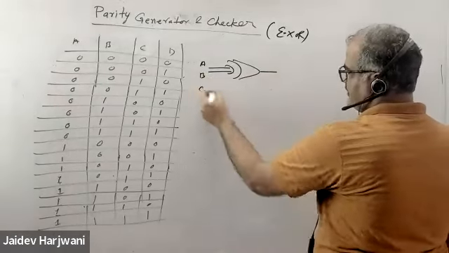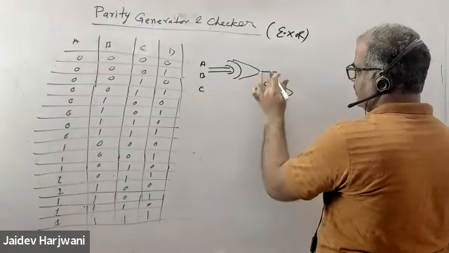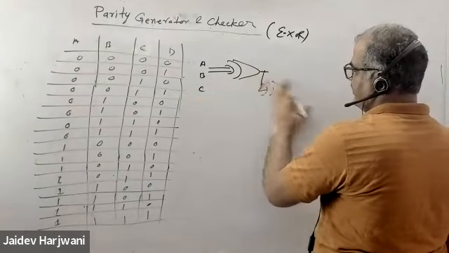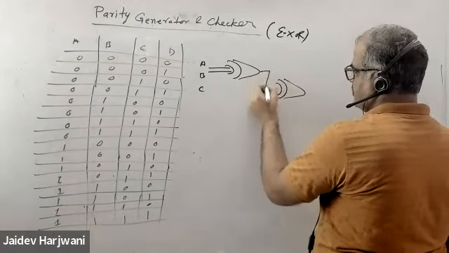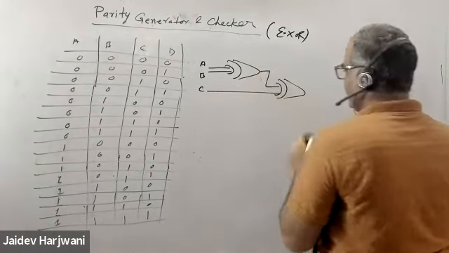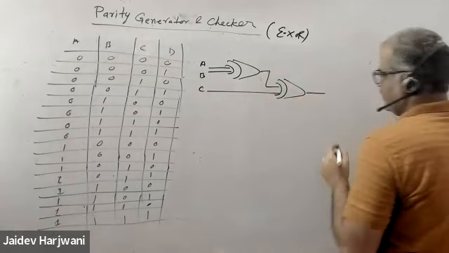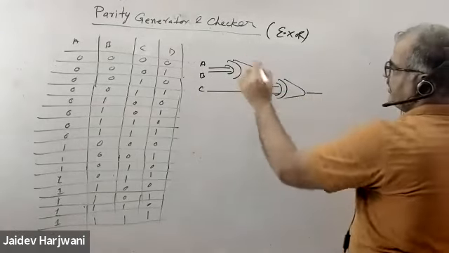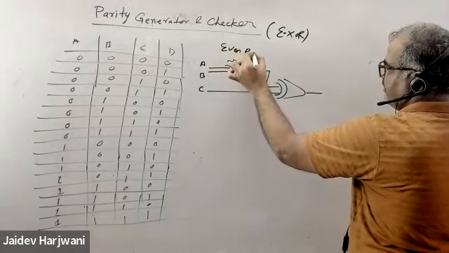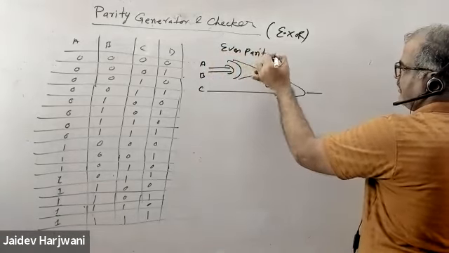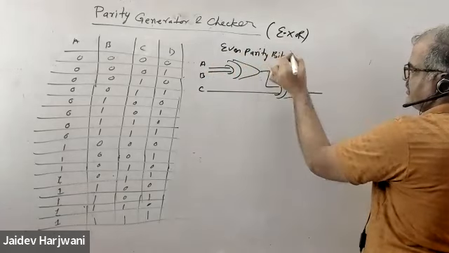Then there is one more XOR gate, and I give this output here, and input C is coming. I'm getting some output here. So I am generating the even parity bit. Parity bit generator.